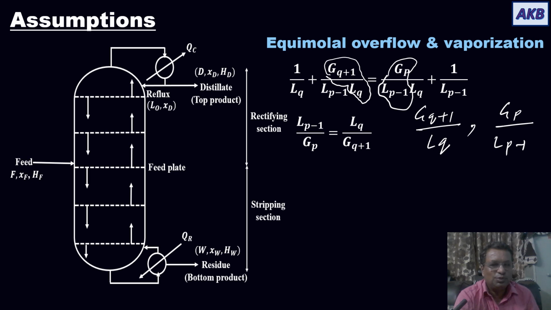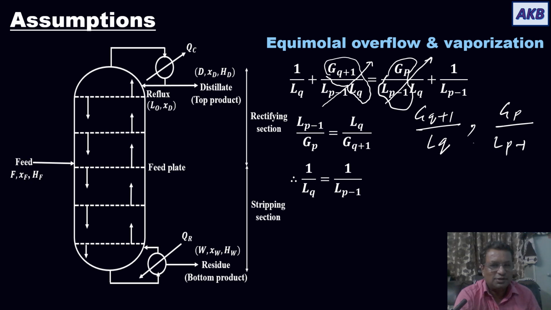Okay, so if the two ratios are equal, their reciprocals will also be equal. So with this understanding, what is going to happen? The ratio is going to get cancelled out.